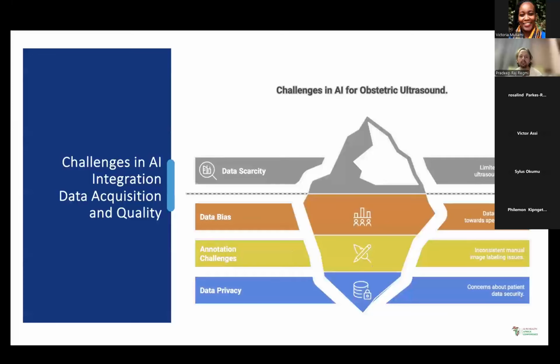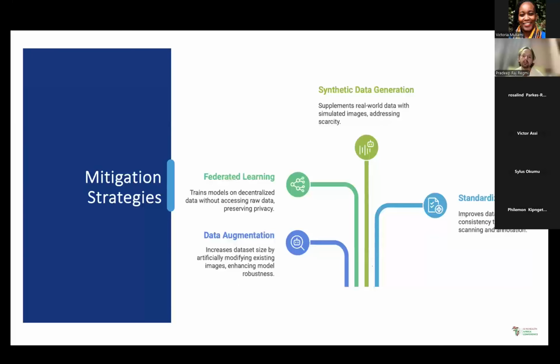So there are challenges for all this integration. The challenges can obviously be data in our setup, annotation challenges, or data privacy. Inconsistent manual image labeling issues can also be there. This can be mitigated through federated learning, data augmentation, synthetic data generation, or standardized protocols.